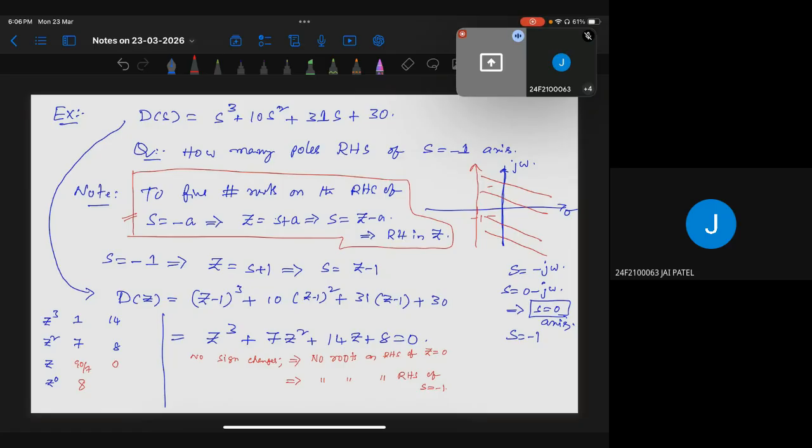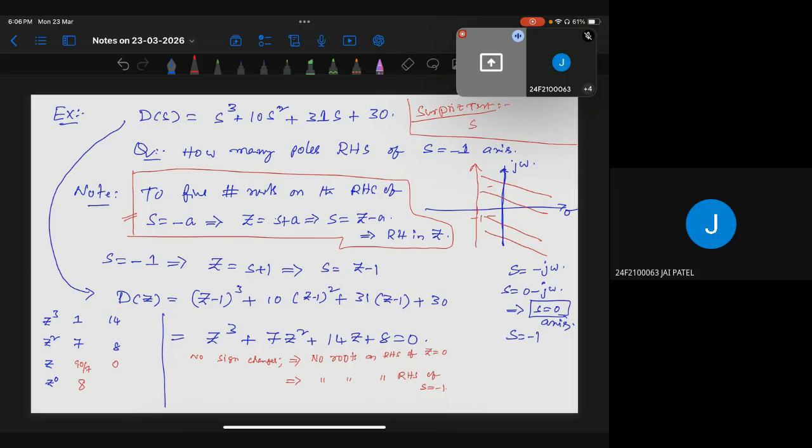Now, can you take this surprise test? Take the same example, D of S is the same.